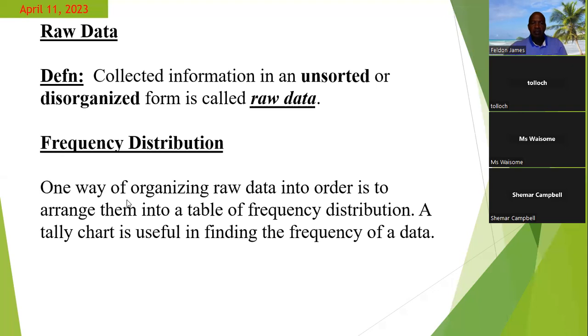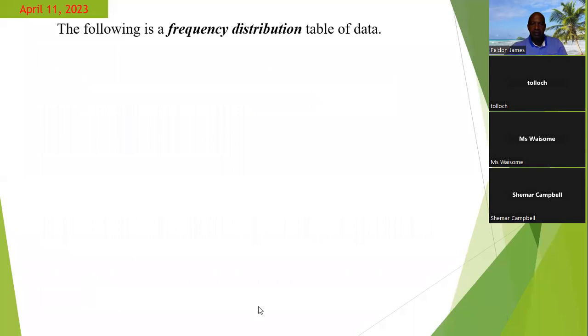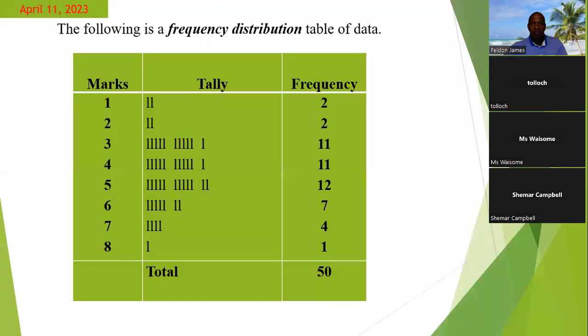One way of organizing raw data into order is to arrange them into a table of frequency distribution. A tally chart is useful in finding the frequency of a raw data. We talked about frequency already. So the frequency is the amount of time the data occurs.